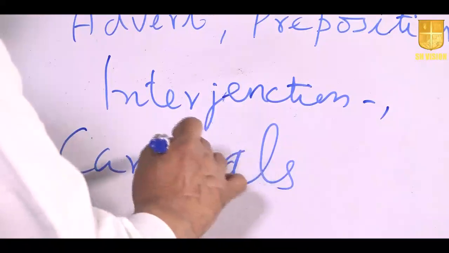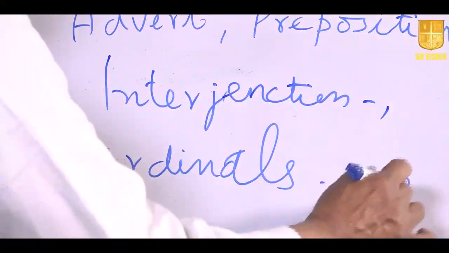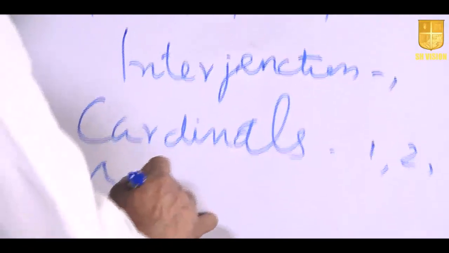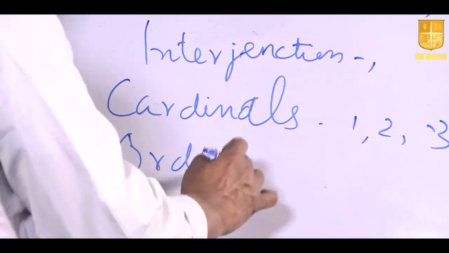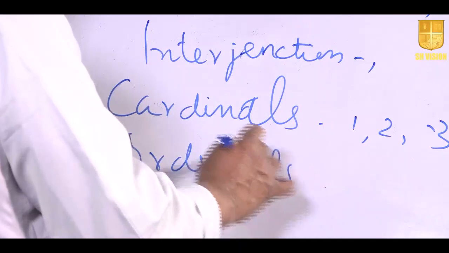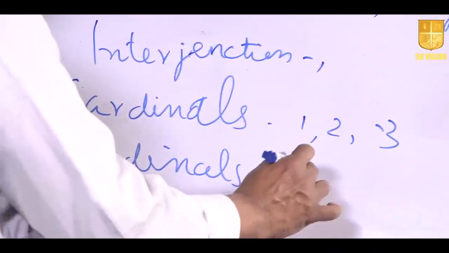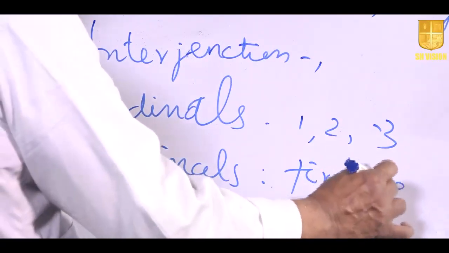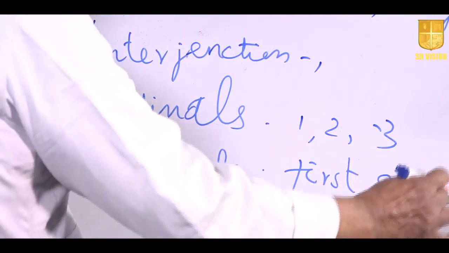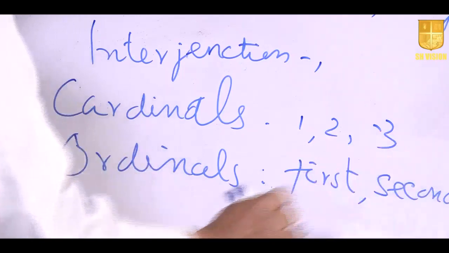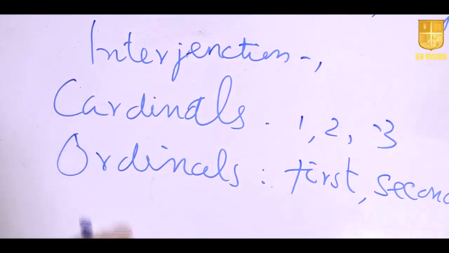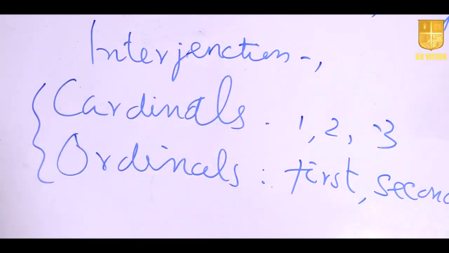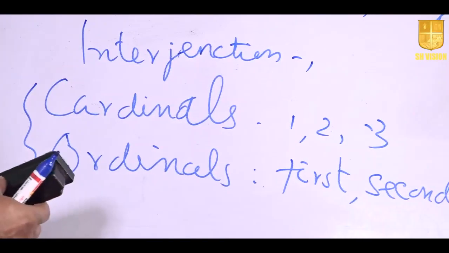Cardinal is 1, 2, 3. Ordinals is first, second, etc. So you may add this also to these 8 parts of speech.